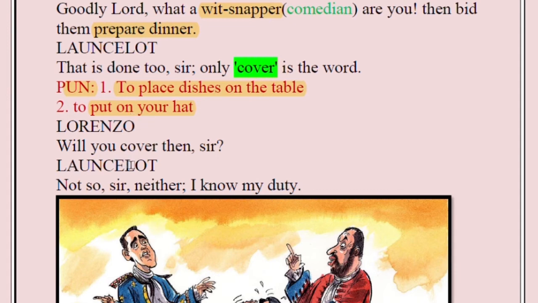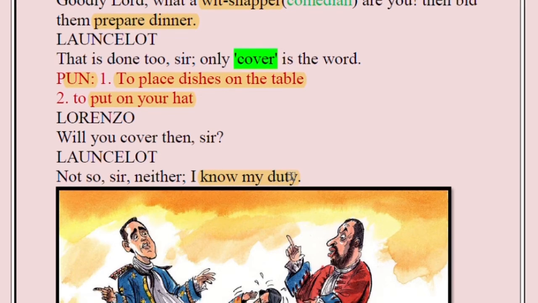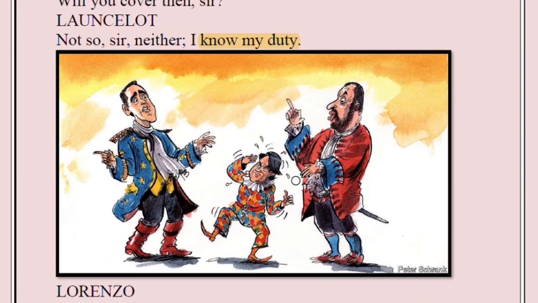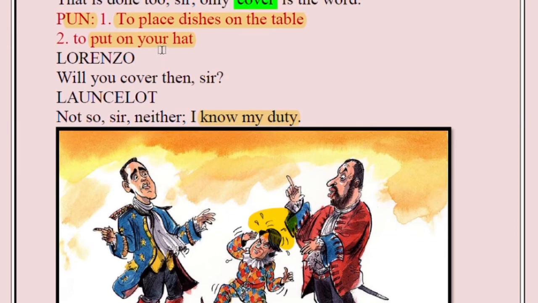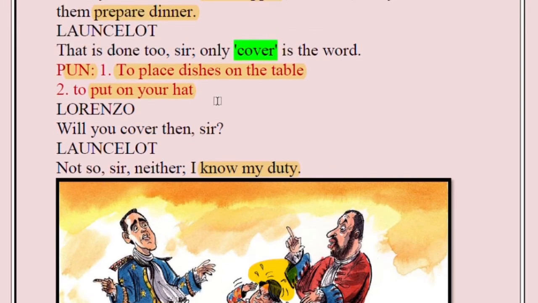Launcelot: Not so, sir, neither. I know my duty. Now, what is this pun? Cover also means that when you are present in front of somebody who is your master, you will not wear your hat or cover your head. So Launcelot immediately takes the other meaning, to put on your hat, and says, no, no, I know my duty, I know what I have to do.